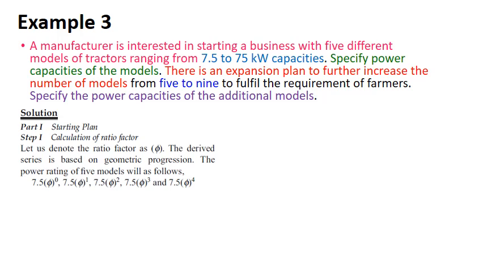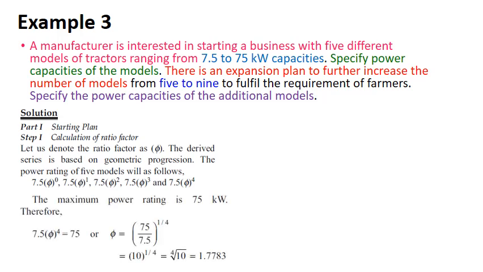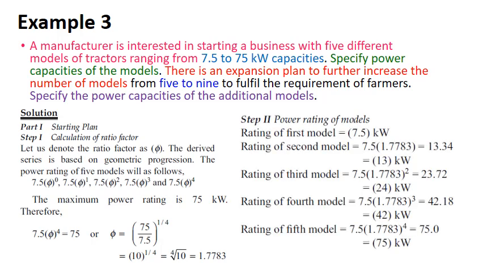Equate 7.5 times the factor raised to 4 to 75, calculate the series factor and generate the series. Then you can round it off to the nearest integer. If it is below 0.5, round it down, else round it up. You have to learn those options.